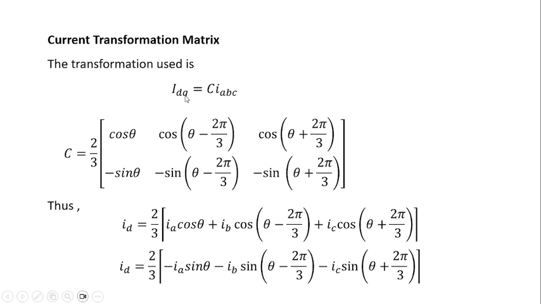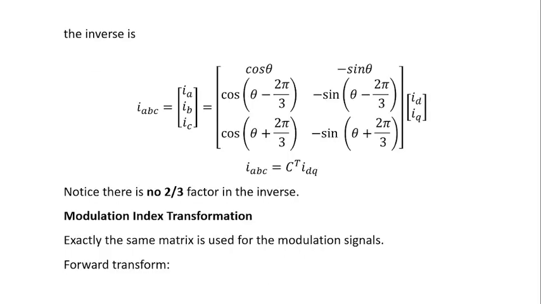So from this we can transform the ABC currents into DQ currents, where this theta is available from the PLL, which is connected at the grid side. So we can do the inverse transformation also. IABC is equal to the transpose of the C matrix, like this.